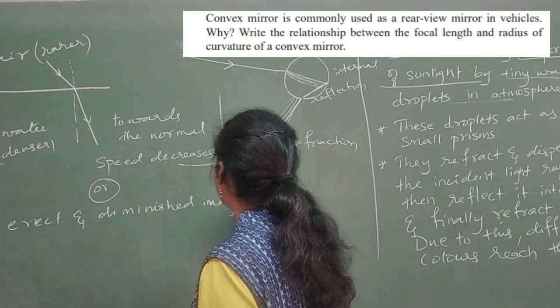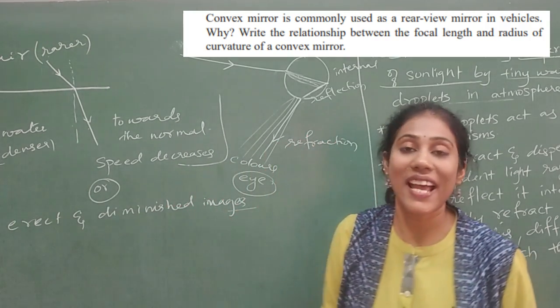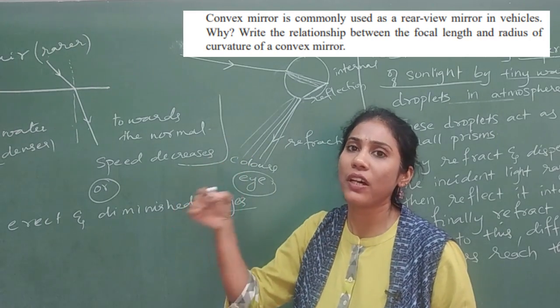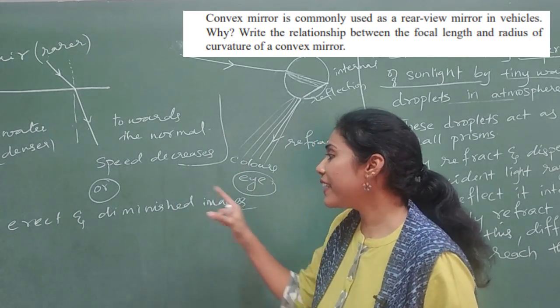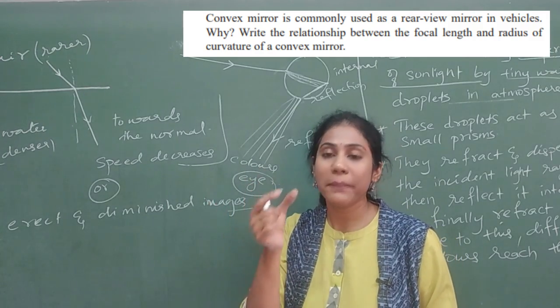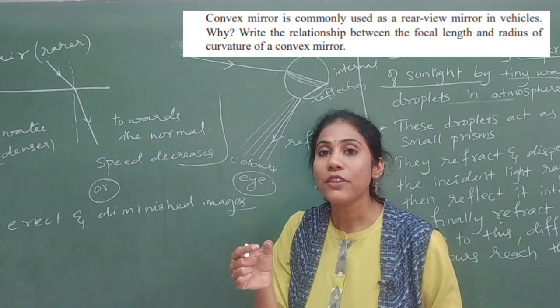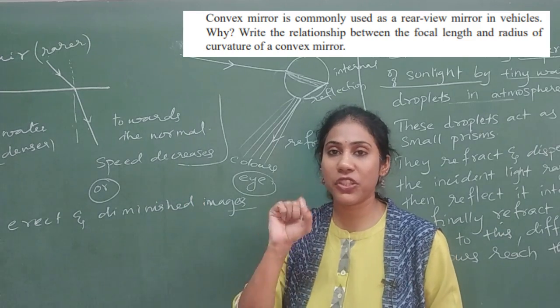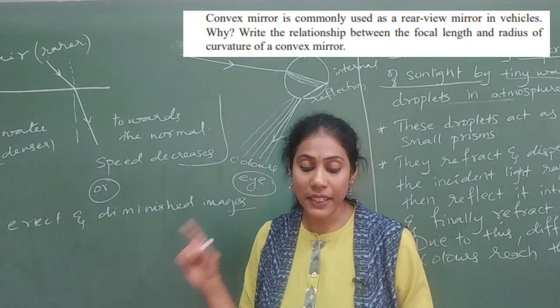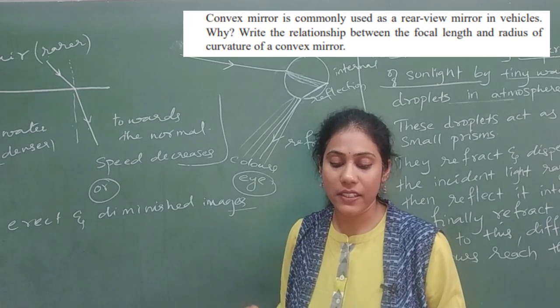So that is why convex mirrors are used as rear view mirrors. At any object position, the image is erect and diminished, so that the whole image can be covered in the mirror, right? So you can see the entire picture of an object. That is why it is used as a rear view mirror in vehicles.